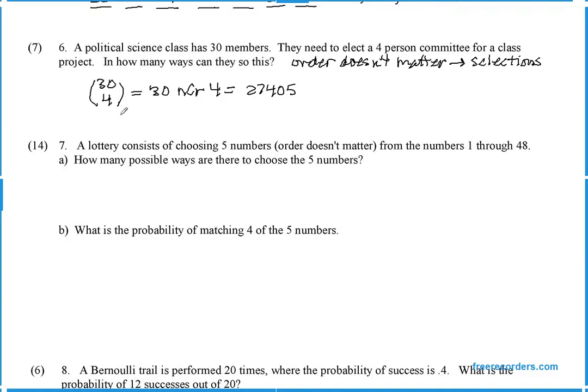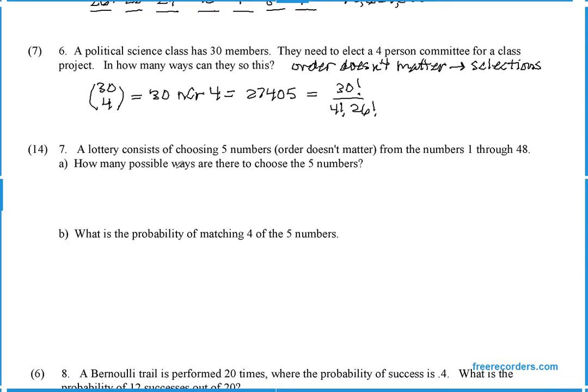Now also, if you did this from the formula, that's 30 factorial on top, and then 4 factorial on the bottom, and then 30 minus 4 is 26, so 26 factorial. That's how it would look from the formula. Most of the time you won't need to use the formula. You can just compute with the calculator, but sometimes you need to have that formula in general situations.